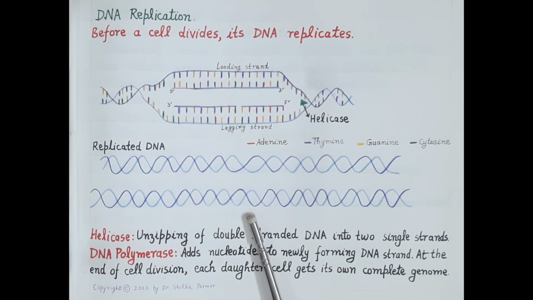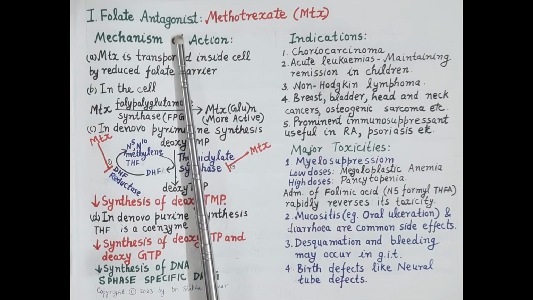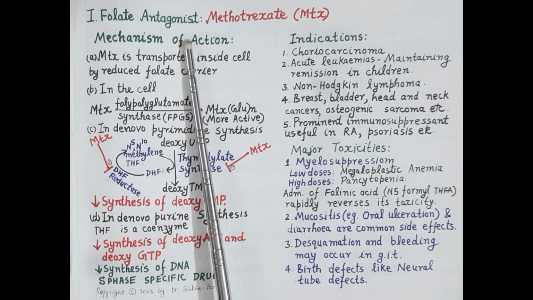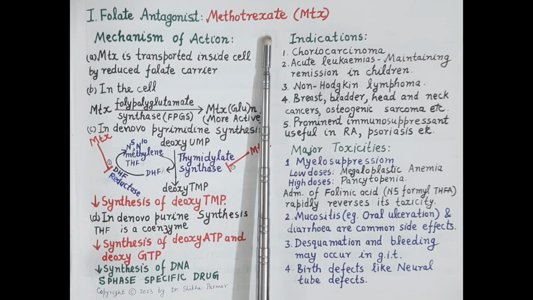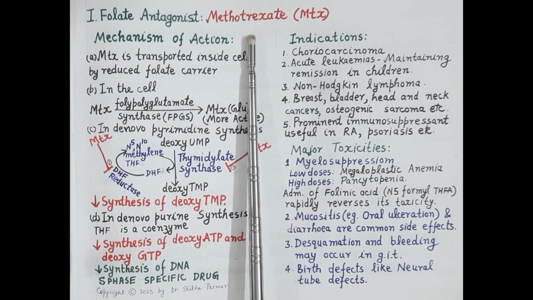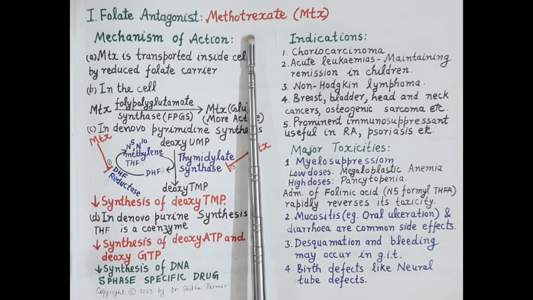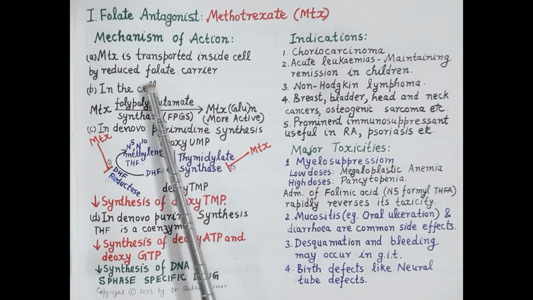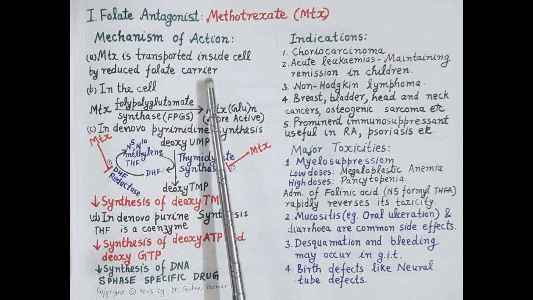Now let's study pharmacology of different classes that are included under the group antimetabolites. Now the first category of antimetabolites are the folate antagonist, and the first drug is the methotrexate. Now methotrexate is a folate antagonist and it is a very useful, highly efficacious anti-cancer drug. Now methotrexate is transported inside the cell by reduced folate carrier.